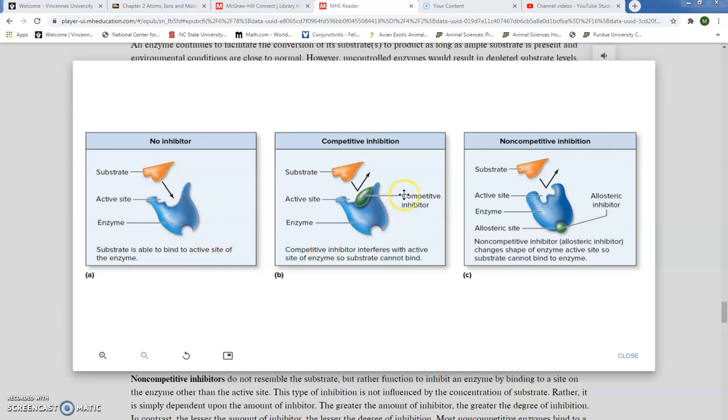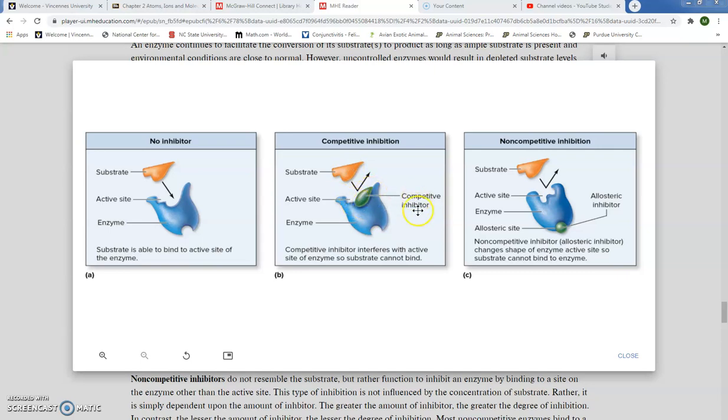But we can sometimes have something called a competitive inhibitor of an enzyme. And a competitive inhibitor is an inhibitor that is going to compete for the active site. So that's why they call it competitive, because it's competing against the substrate for this active site. So you'll notice that it has a similar shape.